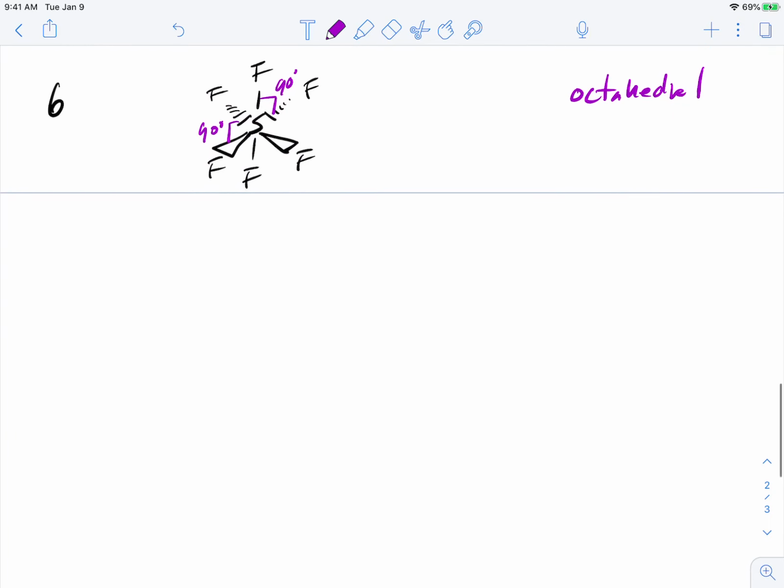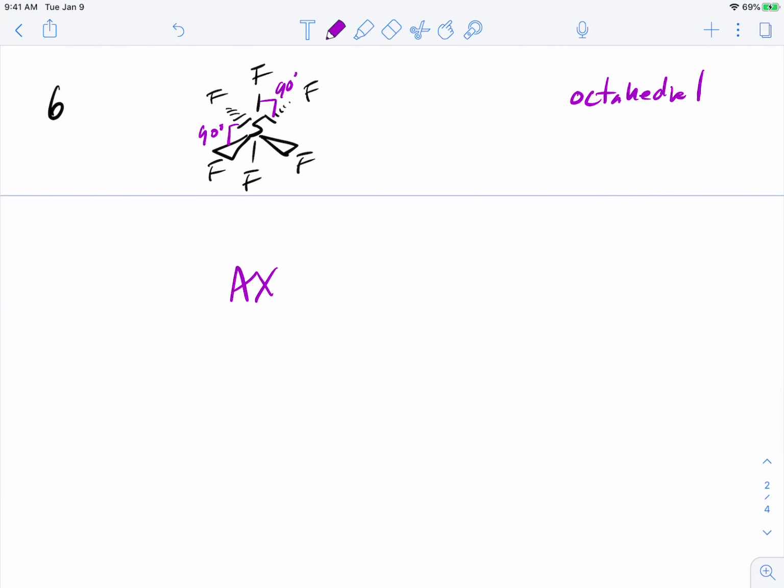Now the book uses an AXE type of notation where you can have a central atom and then how many atoms and how many lone pairs. I don't use that, but it's very formulaic and some people like it, so definitely feel free to use that if that's helpful to you. But we won't be using that, so we'll check that out in the next lecture.